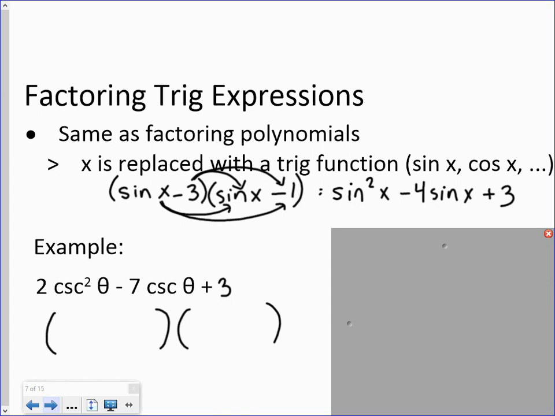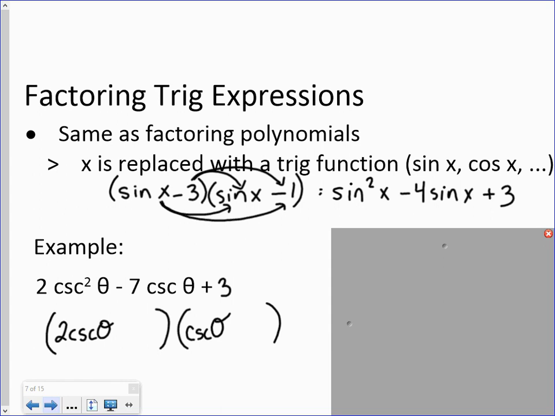To get that first term of 2 cosecant squared theta, what would I have multiplied together? 2 and 1, and what will get me cosecant squared? Cosecant times cosecant. So it must start out with first terms 2 cosecant theta and cosecant theta.